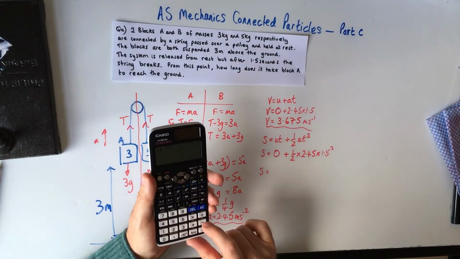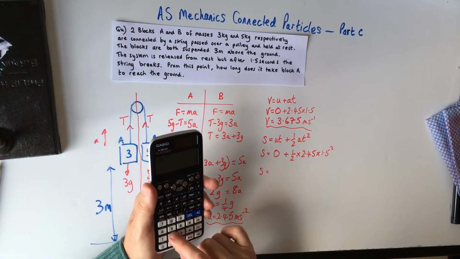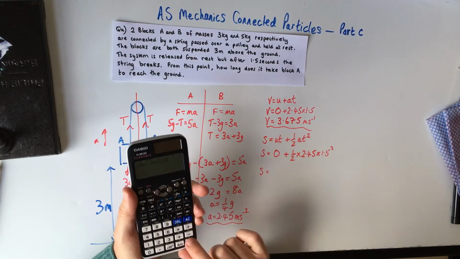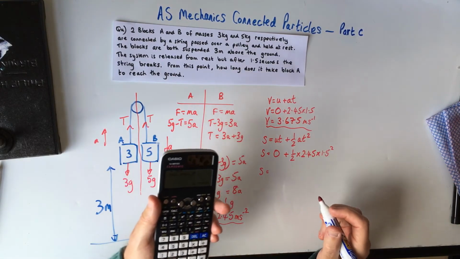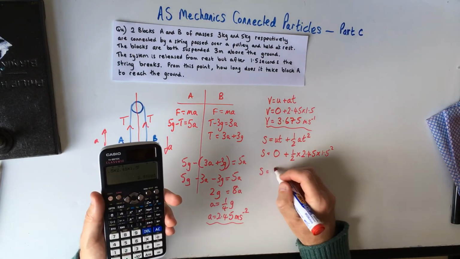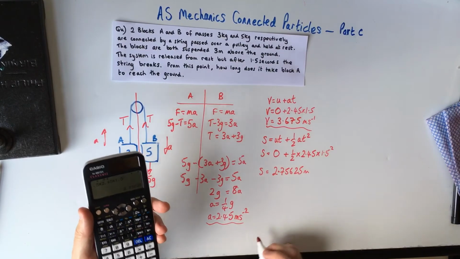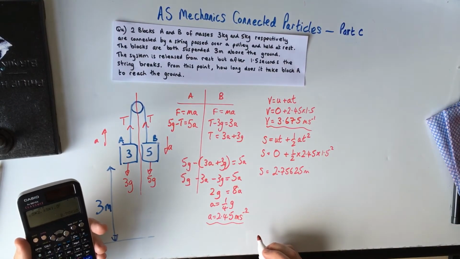So 0.5 times 2.45 times 1.5 squared equals 2.75625 meters above the ground.